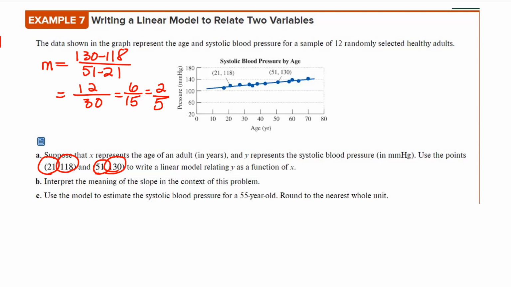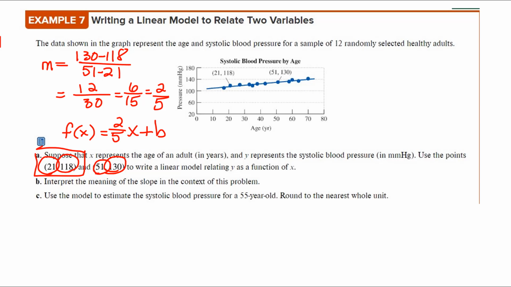And then to find out what the y-intercept would be, we will just have to plug in one of these points into our equation. It doesn't really tell us what to name this function, so we could just call it function f. So f of x, where x is the age of the person, is going to be 2/5 x plus b, some b that we don't know yet. So we're going to plug in one of these points to find out what b is. For f of x, I'm going to go ahead and use this point right here.